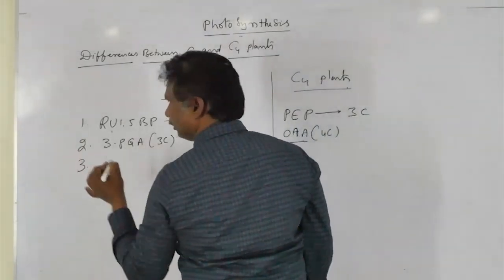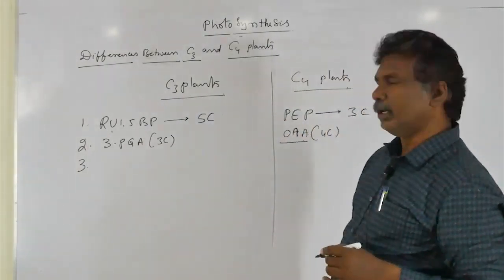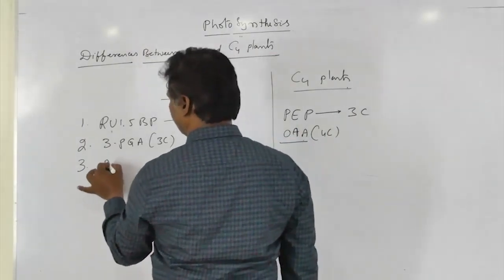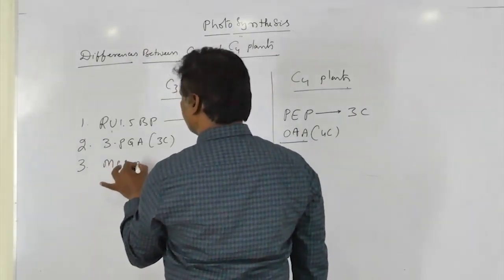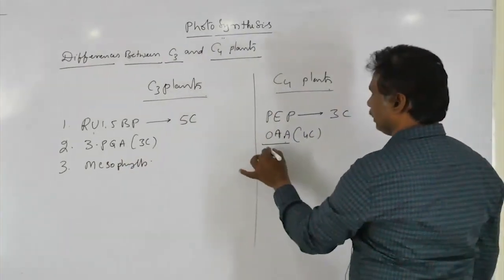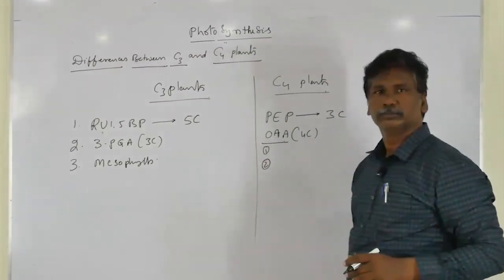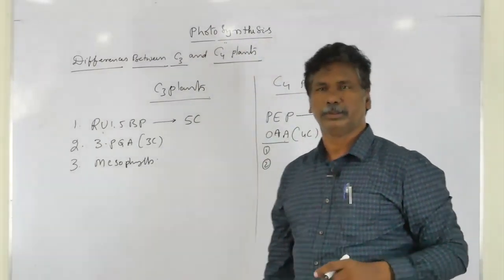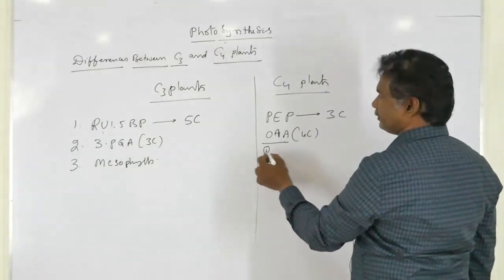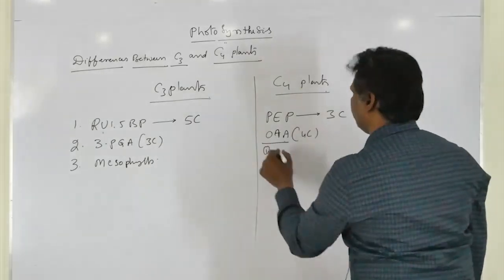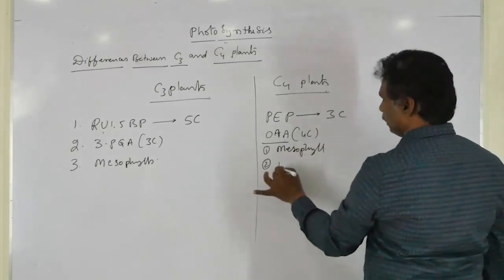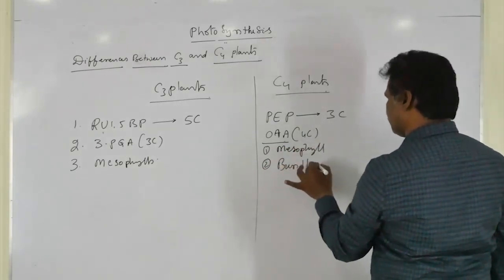Next, in C3 plants, only one type of cell participates in carbon fixation. Those are called mesophyll cells. In C4 plants, two types of cells participate in carbon fixation: mesophyll cells and bundle sheath cells.